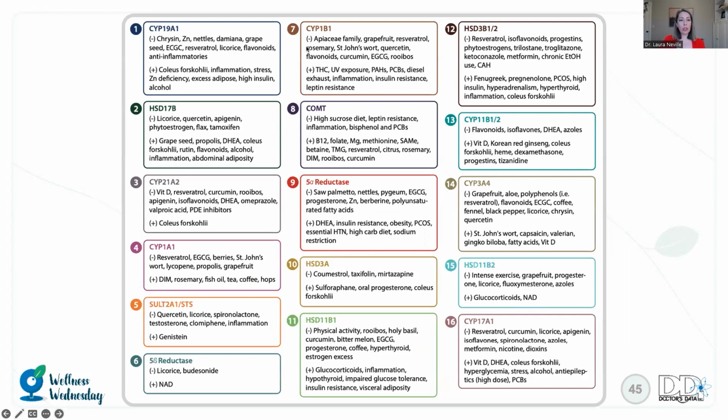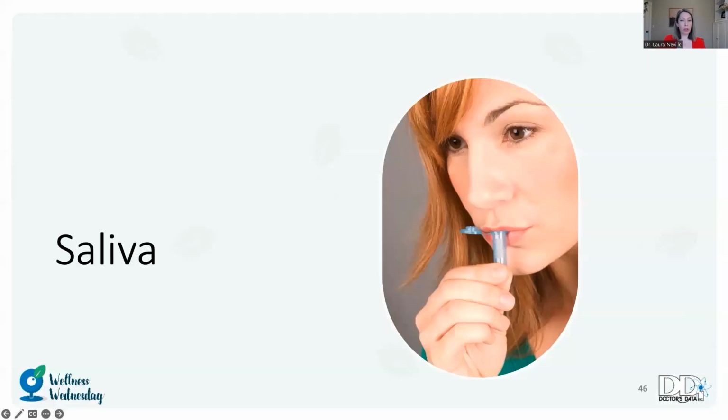And we're going to look at number 7. We're going to say, hey, let me downregulate this. What's the research-based evidence, factors that I can use to do that? So you would use the negative symbol here. For 4, you would use the positive symbol here. And really amazingly be able to change the enzyme function and change the pattern of how these hormones are breaking down and potentially change risk factors for your patients.